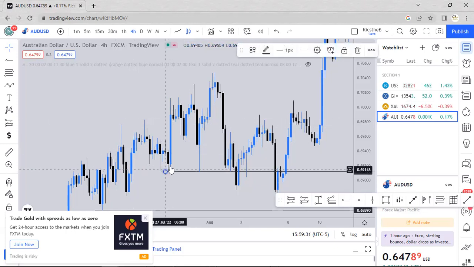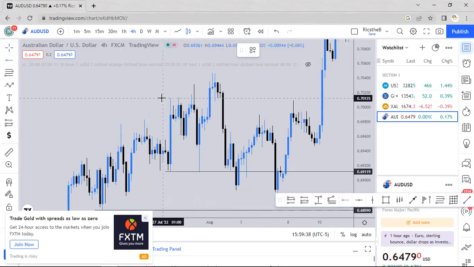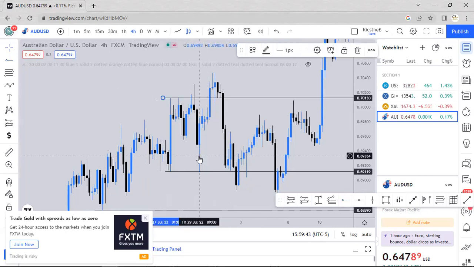Look at this. You have a scenario where price pushed from this point all the way up to this point there.